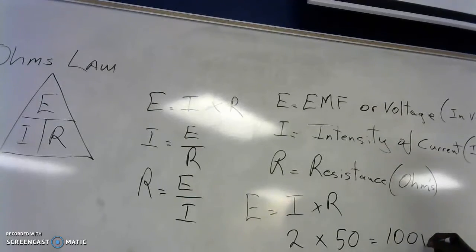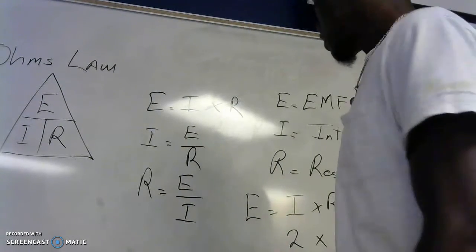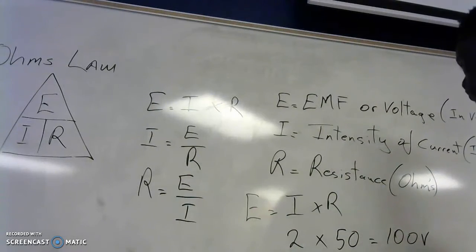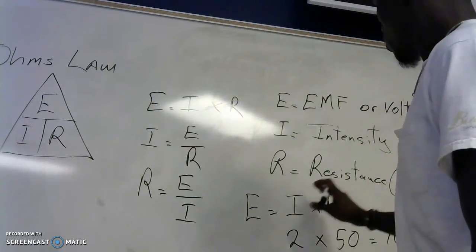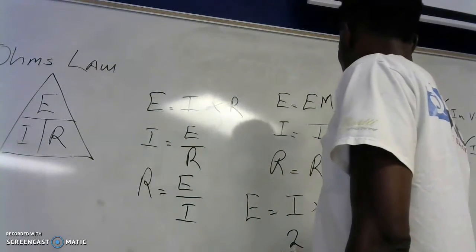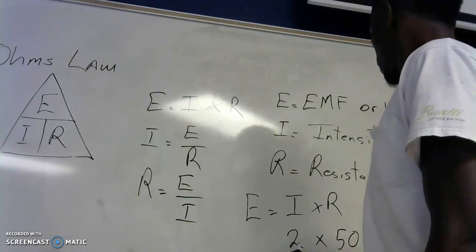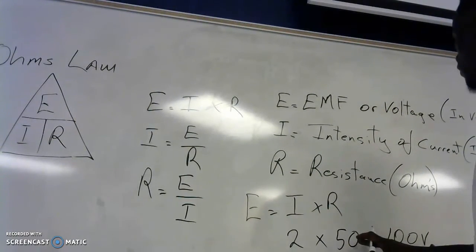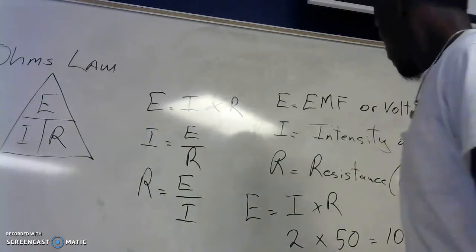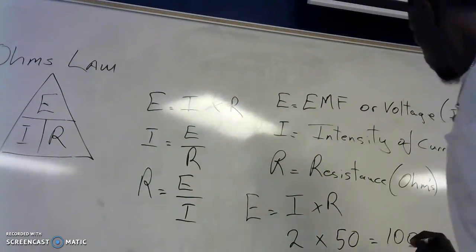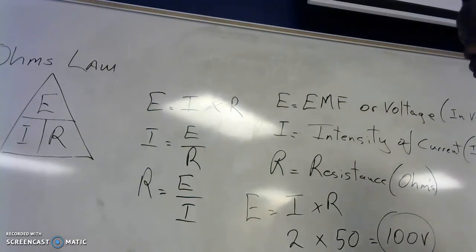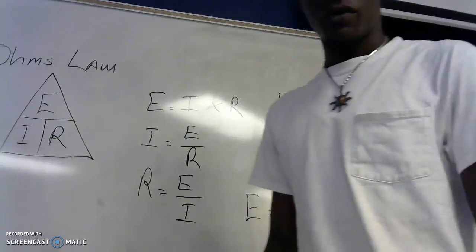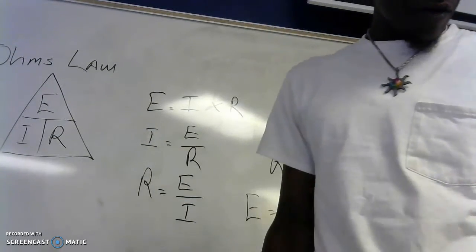Our voltage is 100 volts, pushing 2 amperes through a 50 ohm resistor. That's basically how you would find your voltage.